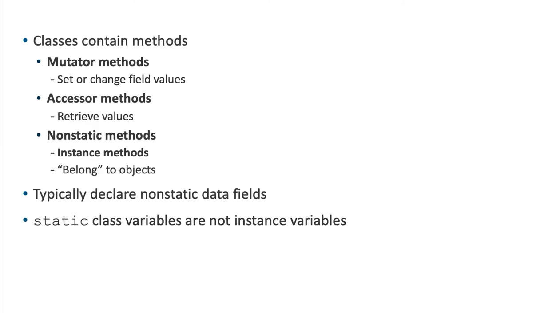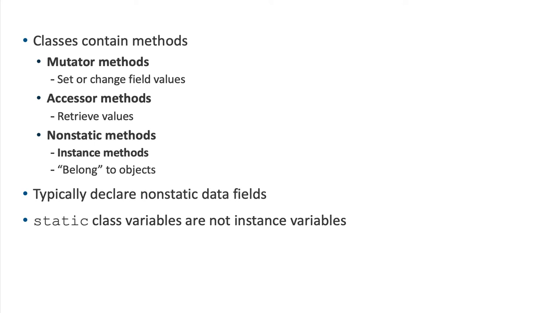Okay, now it's time to talk about creating instance methods in a class. Besides data, classes contain methods. For example, one method you need for an employee class that contains an employee number is the method to retrieve or return any employee's emp number for use by another class.